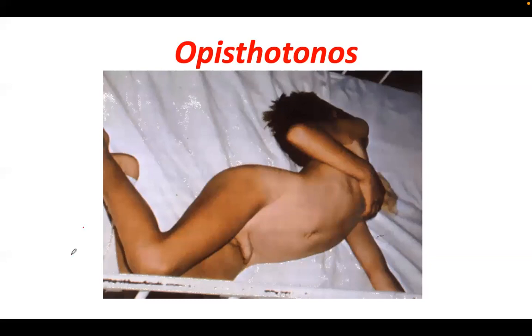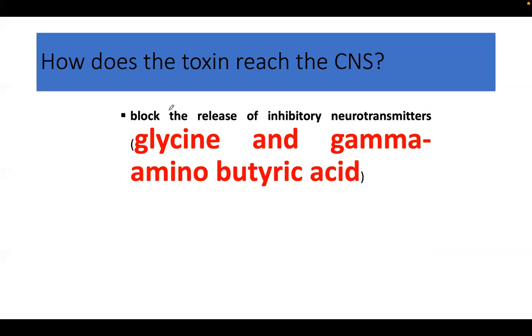Now, what are the 2 toxins produced by this organism? Okay, so we have glycine, then we have gamma-aminobutyric acid or GABA. Now, what is similar to glycine and GABA? What makes the two alike?